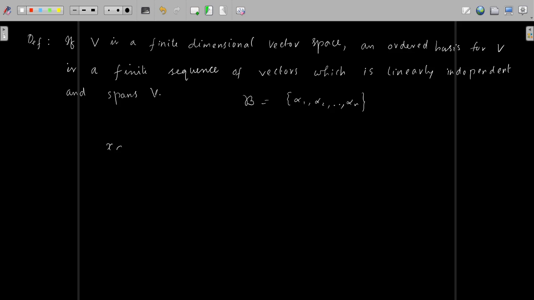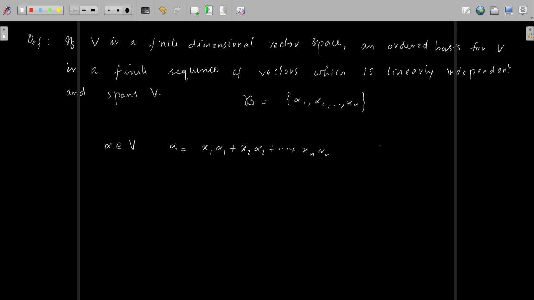Now we take an alpha from V. If you take a vector alpha from V, then you can easily write this alpha as a linear combination of these basis vectors: x1 alpha 1 plus x2 alpha 2 plus etc. plus xn alpha n.